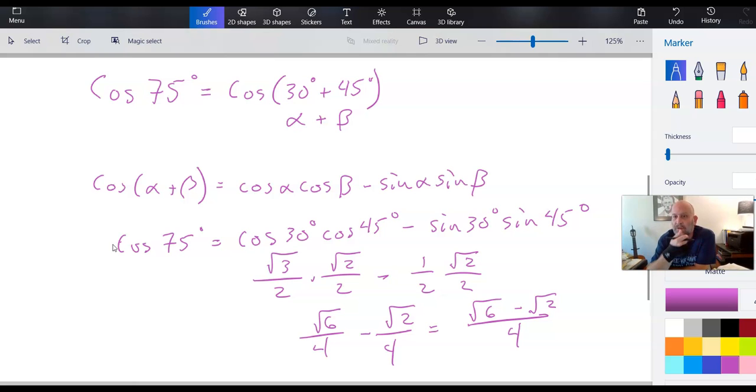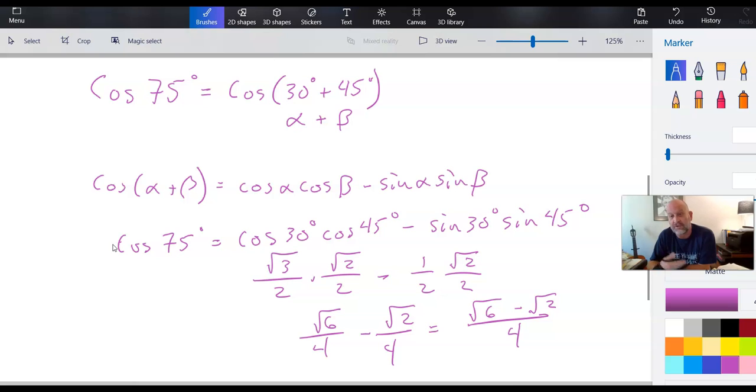You play around with all the things you know and then go from there. Now you notice, now that we've worked this out, cosine 75 is a value we know. That means if you have another angle splitting thing, you can use cosine 75 in a sum or difference formula as alpha or beta now, because you know the answer. Okay, so that's the first way these things are used.